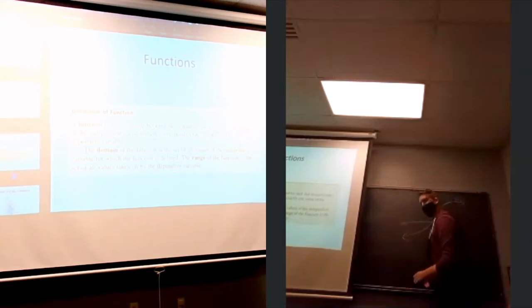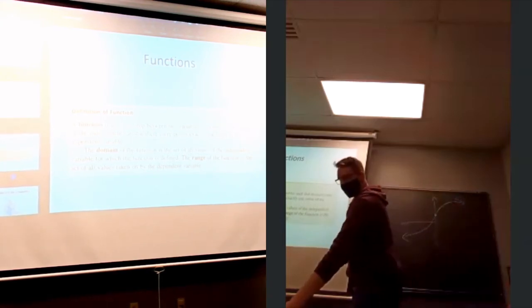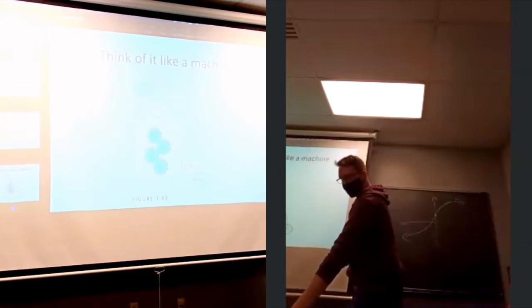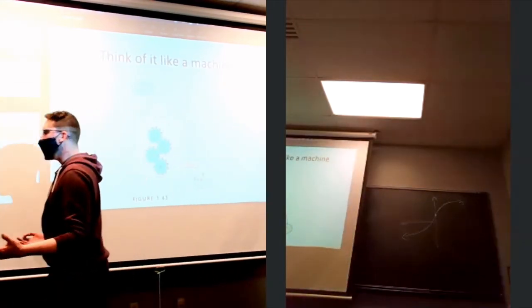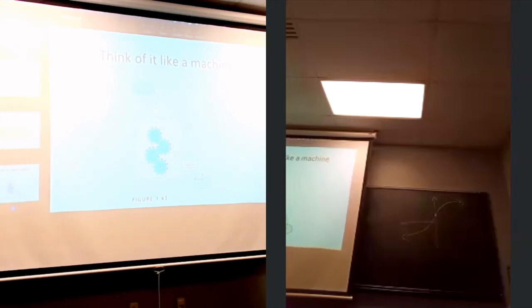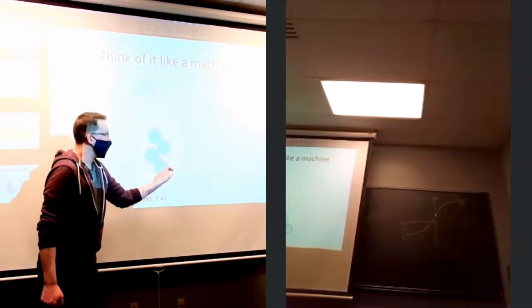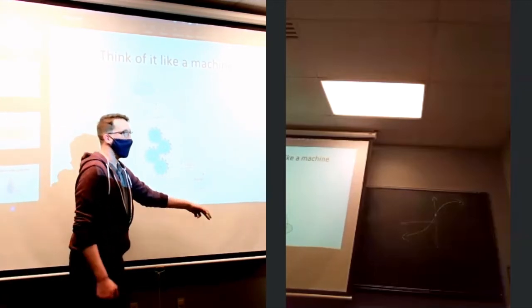Cool. So, having said that, another way we can think of functions is kind of as machines that take in values from our domain and spit out values that belong in our range.